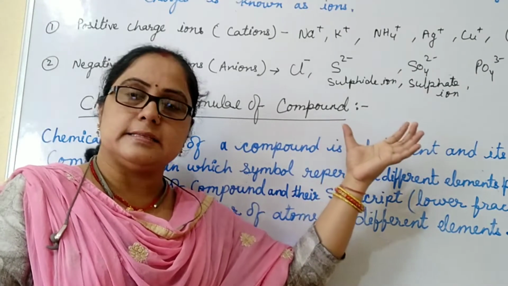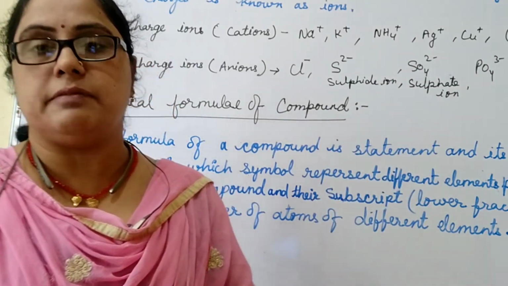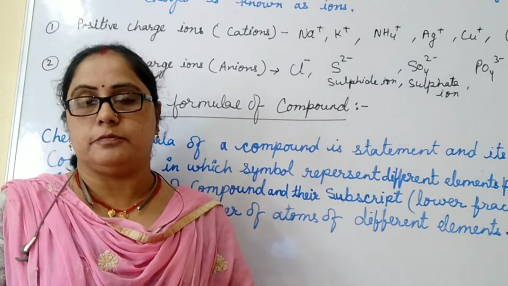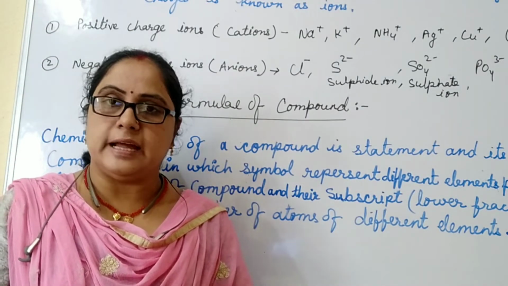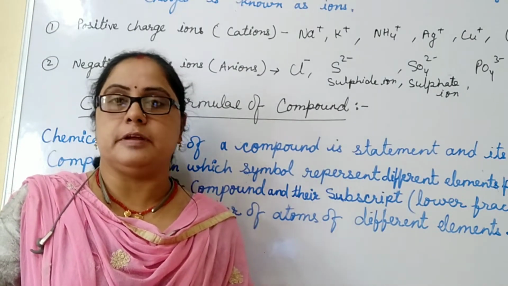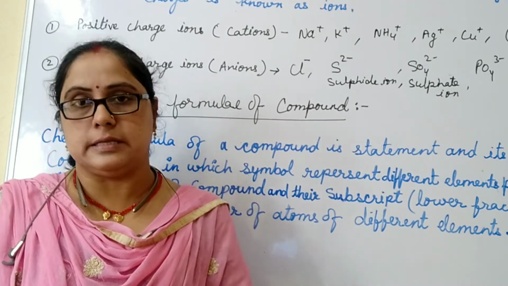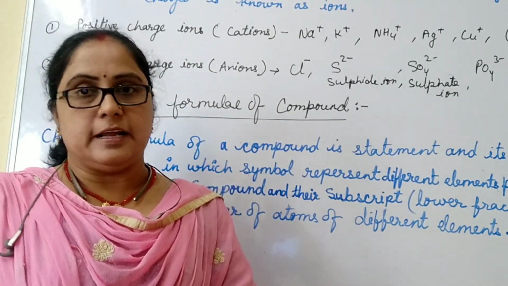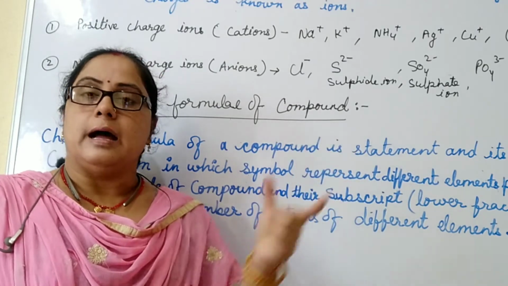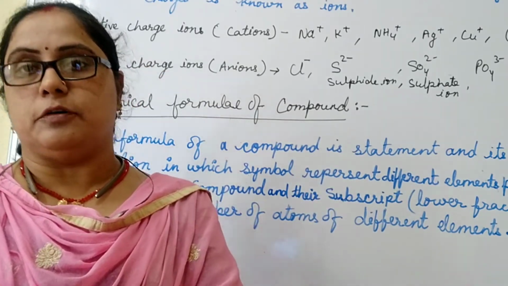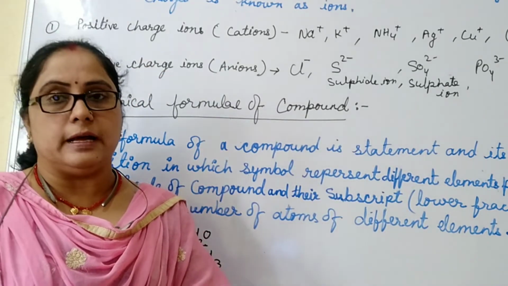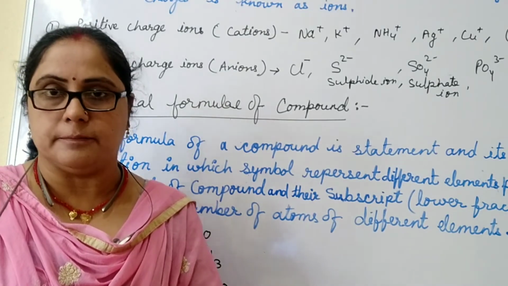These cations and anions are used when we make the chemical formula for a compound. We know that elements we represent by using their symbol. Similarly, the compounds are also represented by the formula, and that formula is called chemical formula.